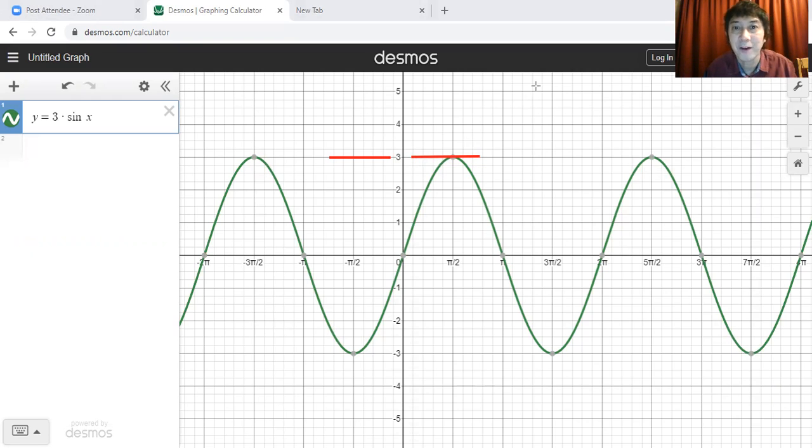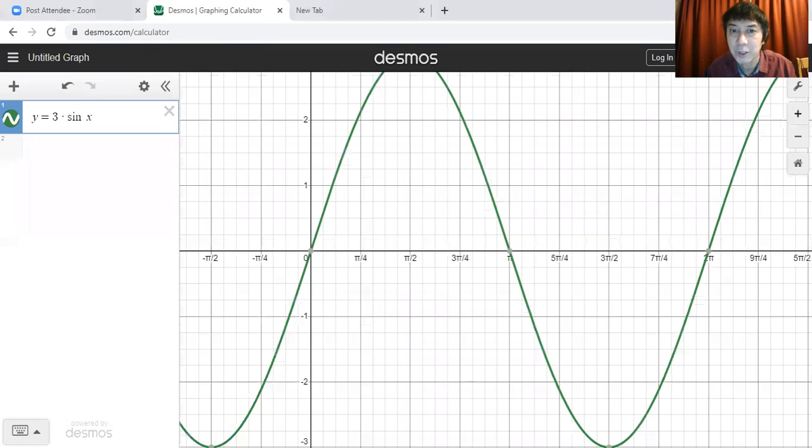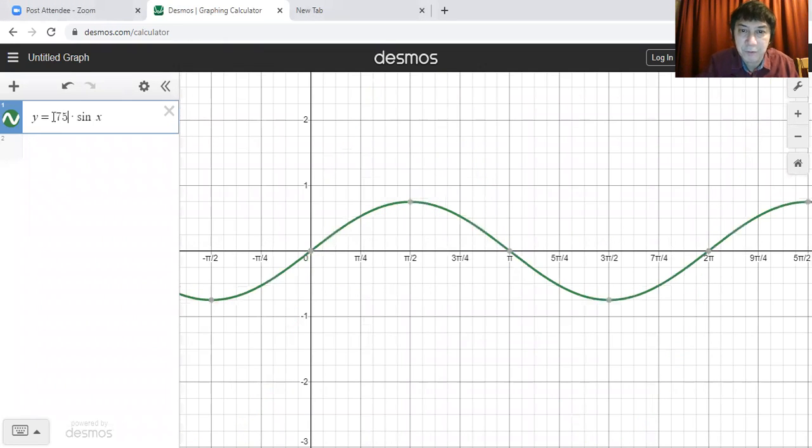What if you provide less than 1? Well, the effect is just the same. So for example, if you put 0.75 there, we will zoom in so you will see it. Here is your number 1 level.